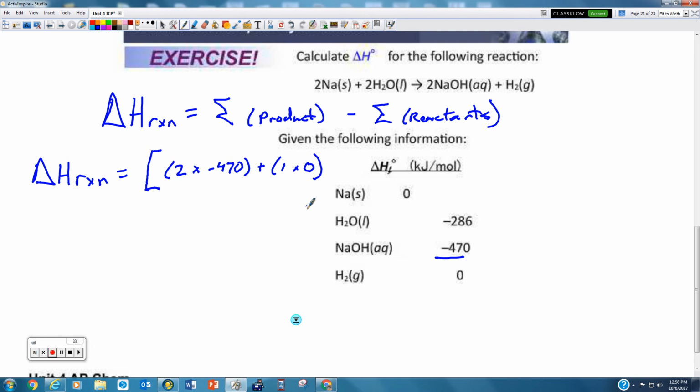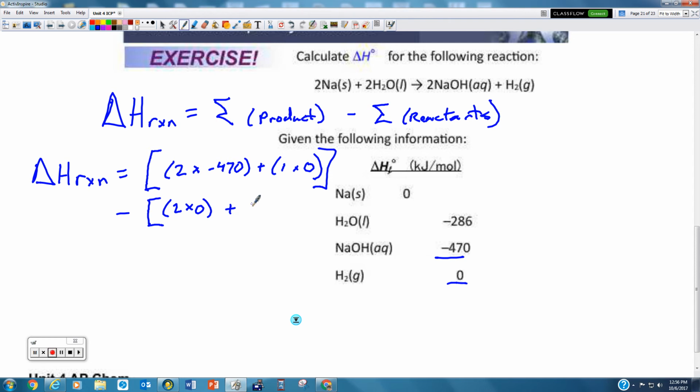Anytime you have a naturally occurring element or compound like H2 or O2 or silver, the heat of formation is always going to be 0. Then minus the reactants, which is 2 sodiums. Sodium is going to be 0, so we're going to go 2 times 0. I'm only showing this so that you can see where the numbers are coming in. When we put it into the calculator, we can calculate both of those as 0.